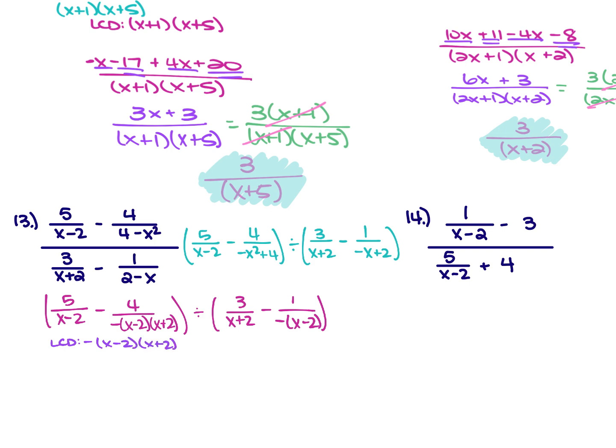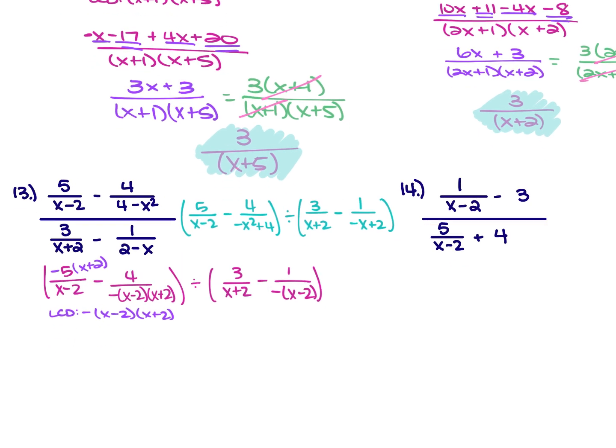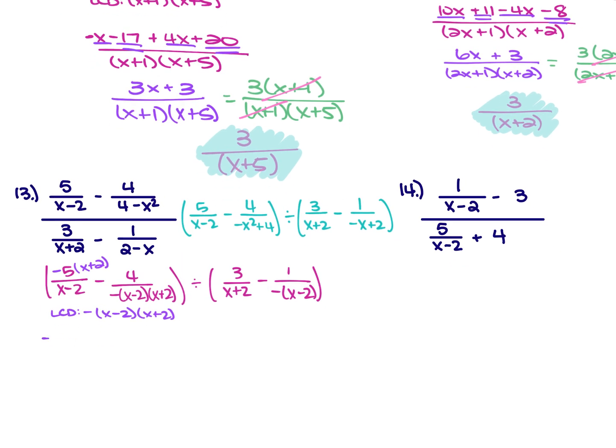The first fraction in there, you need the negative, so the 5 is going to become negative. You also need the x + 2. So distribute the negative 5 into the x + 2. That's going to give you −5x − 10, minus the second fraction in there is going to stay the numerator with 4. Just put it all over your least common denominator of the opposite of (x − 2)(x + 2).